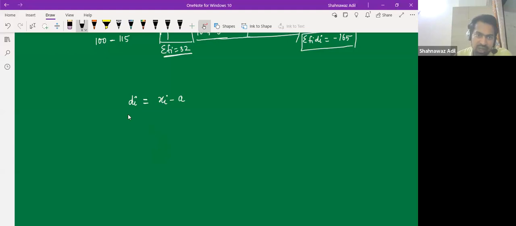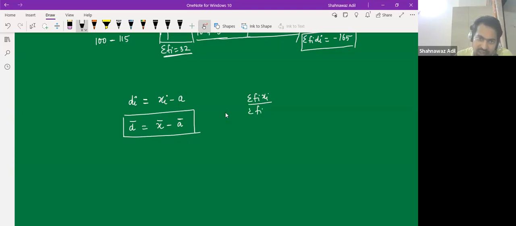Let's say I want to calculate the mean of this data. This would be d bar, x bar, and a bar. To calculate the mean, I calculate summation fi xi divided by summation fi. Similarly, d bar would be summation fi di divided by summation fi.